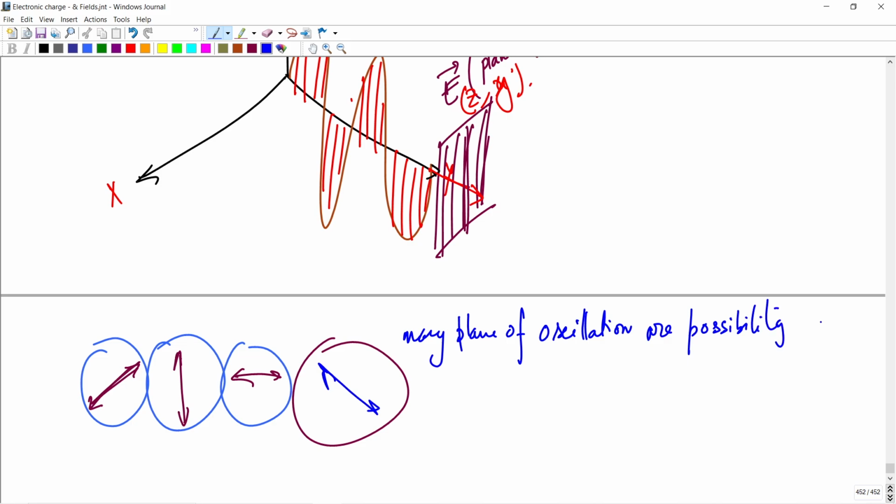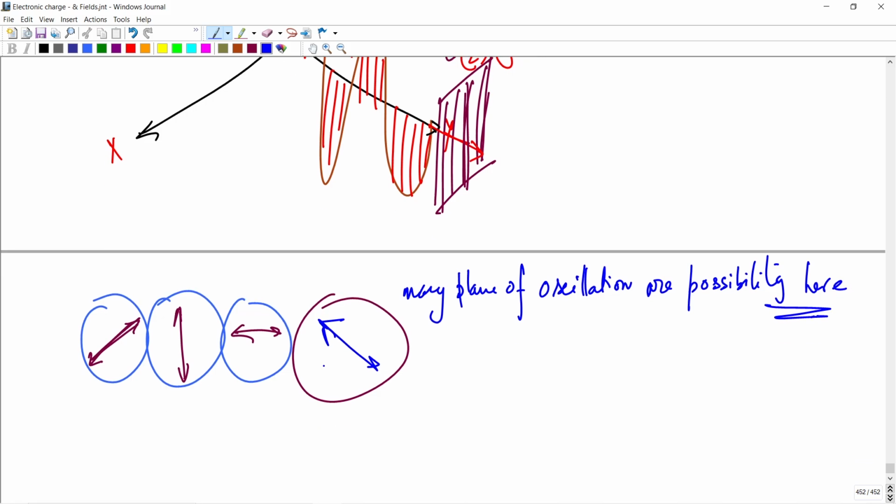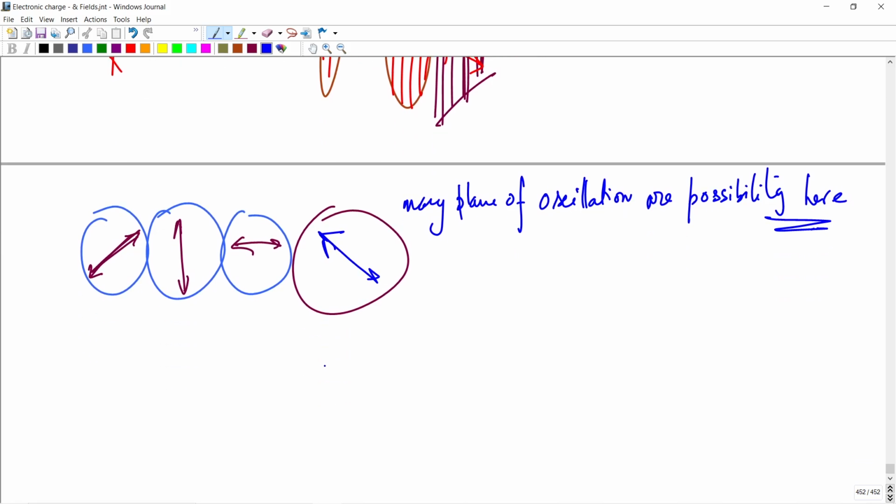Now sunlight is also an electromagnetic wave, so the electric field direction can be in many ways. So a light beam which vibrates in more than one plane is called unpolarized light.